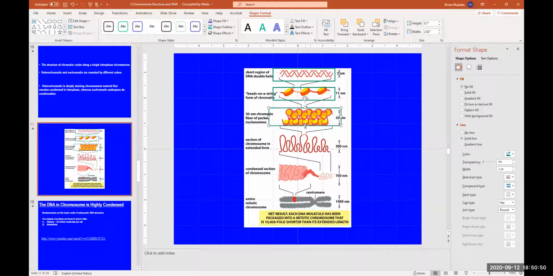So what I mentioned to you earlier in the class is that our DNA is meters in length, but how does it become adjusted into a smaller spherical nucleus-like structure? It is because of packaging. So packaging of chromosomes is very critical.